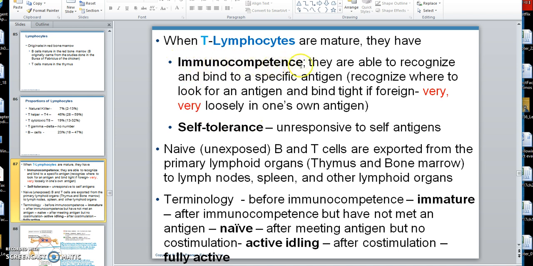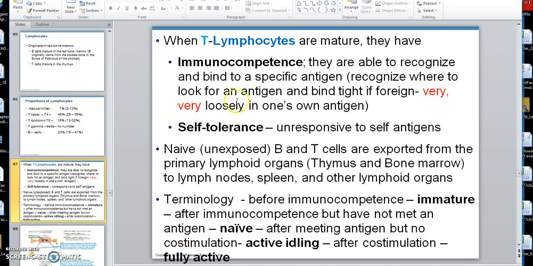The course on immunocompetence and the course on self-tolerance. Immunocompetence basically means they must be able to recognize how to look at a cell and determine which flags to look at to say if it's part of them or part of something else. That's immunocompetence.